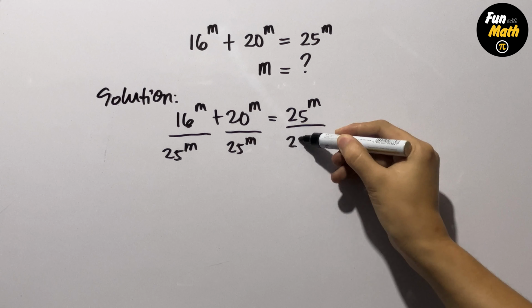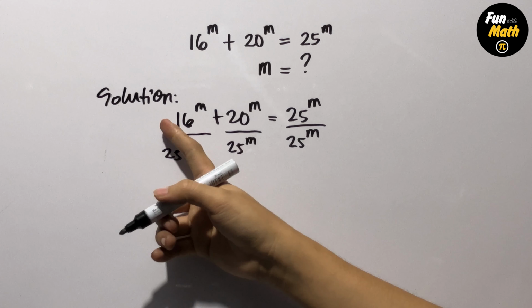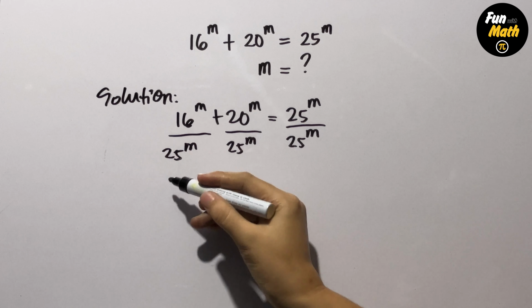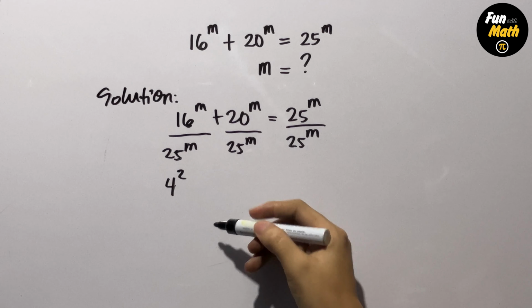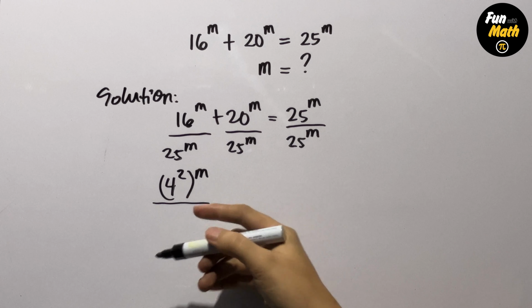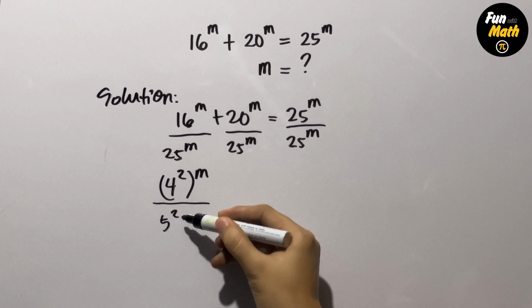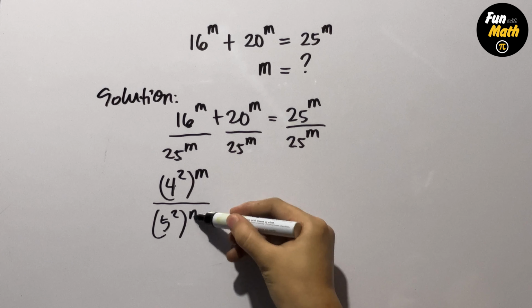For the base 16, we can write it as 4 squared whole to the power of m over, for the base 25, we can write it as 5 squared whole to the power of m.